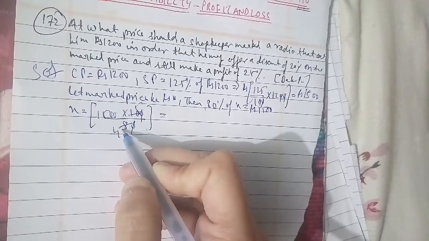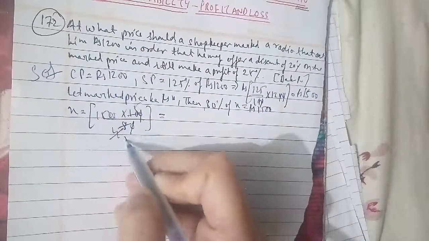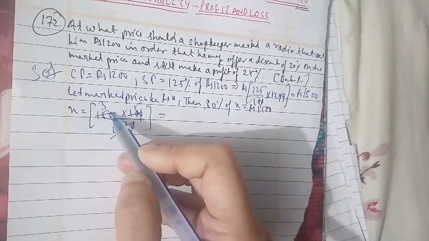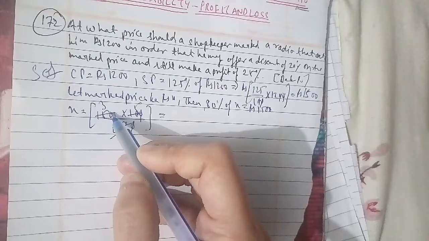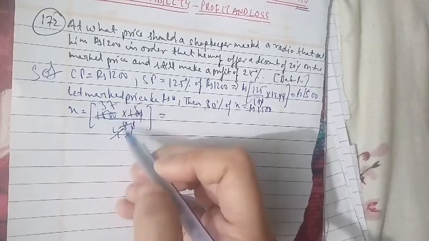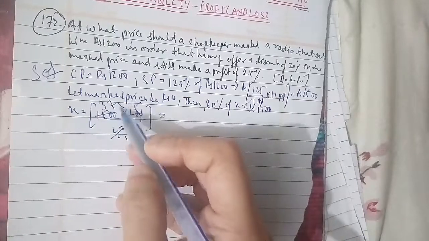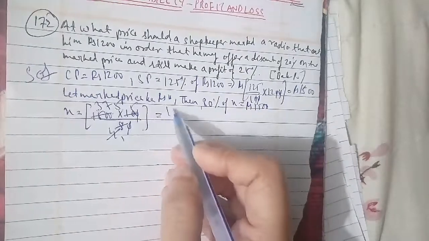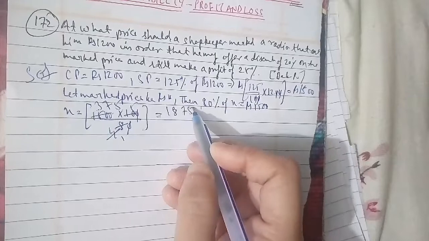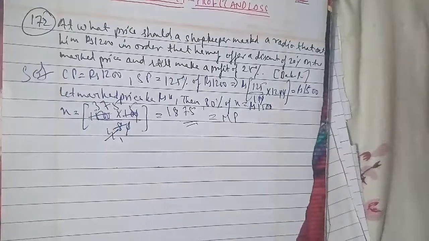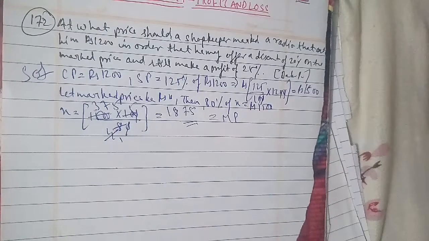Then 4 ones are 4, 4 threes are 12, and then 3 is here, that is 30. So it will be 4 sevens are 28, then 2, and 4 fives are 20. So 375 into 5 will give you the answer 1875. So the marked price is rupees 1875. That will be the right answer for this question as well.